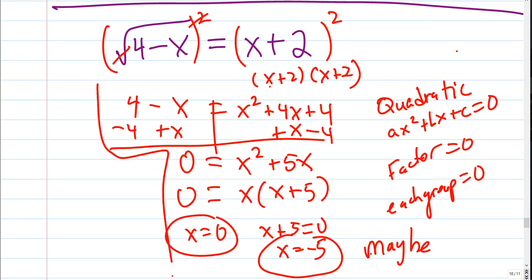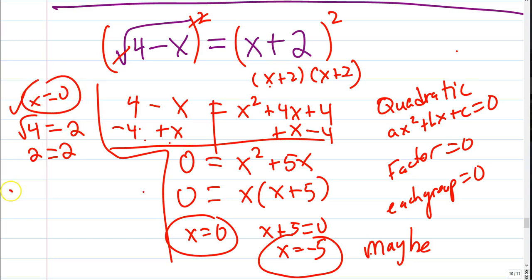So go to the side and check 4 minus 0, that's not too bad, would be the square root of 4 is equal to 0 plus 2. 2 equals 2. 0 is fine. Check the negative 5. 4 minus negative 5 becomes 4 plus 5.